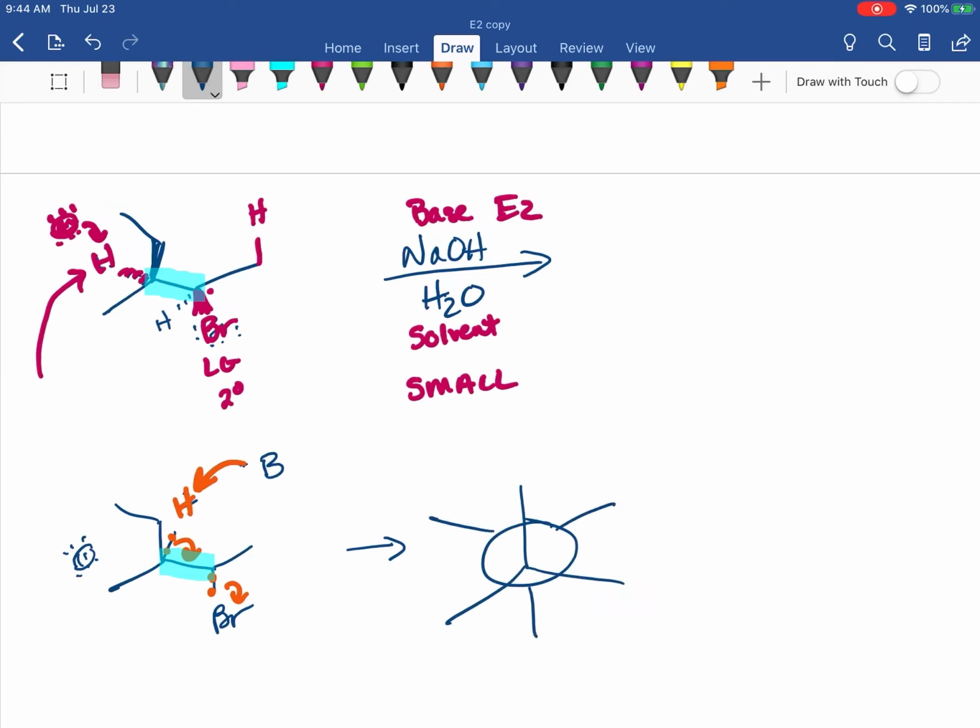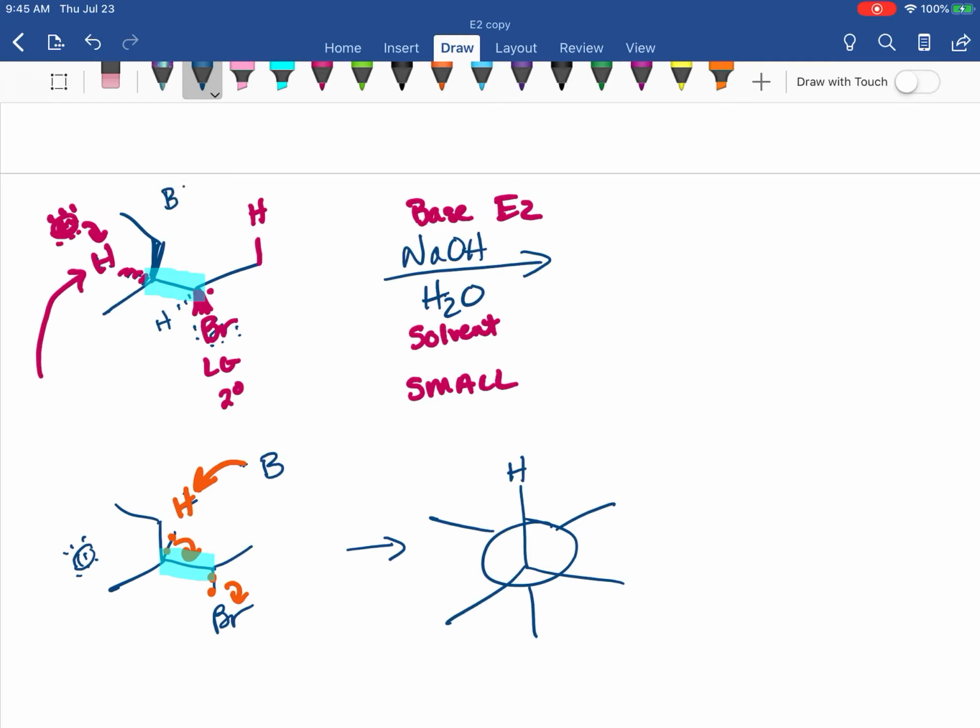So put your eyeball over here, and let's draw that Newman projection. Remember, our best Newman projections are staggered. I'm going to go ahead and turn this in my mind, and I'm going to put that beta hydrogen up here. So let's take a little model set and let's double check we know what we're doing on that. You don't have to build the whole thing, but make sure your model set actually matches what is on the drawing.